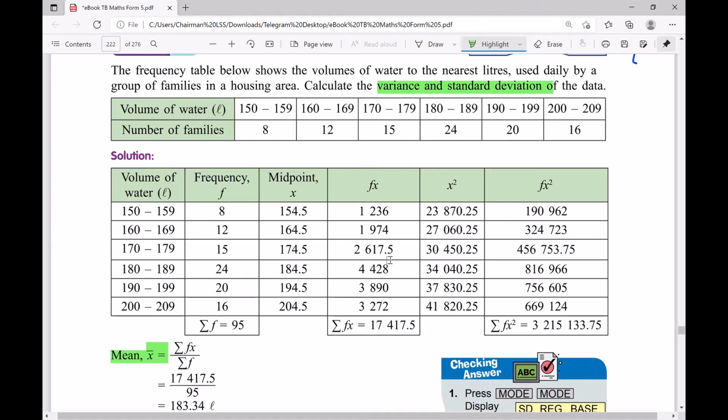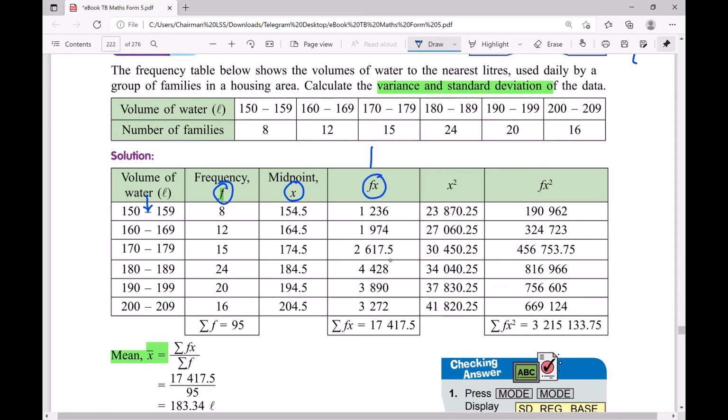So you want to find your mean. Formula of mean is your frequency here. Yeah, your frequency, you have to times with your x, where your x is the midpoint of the class. Yeah, and then you times it.